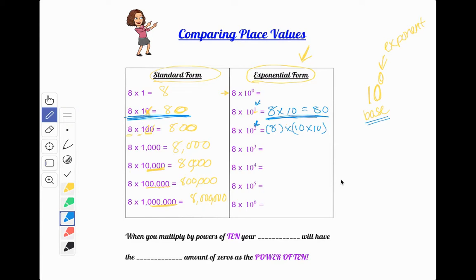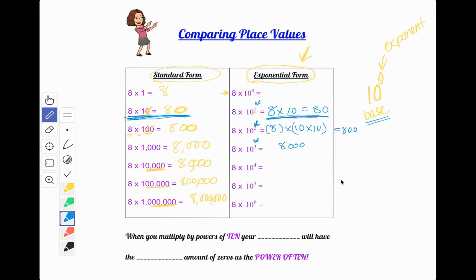I have 2 zeros, and I have an 8, so I really have 800. And then this exponent is a 3, so that means I have 3 tens, so I have 3 zeros. So I have 1, 2, 3, and then I put an 8, so that's 8,000.